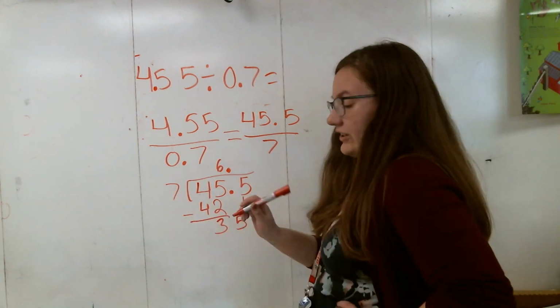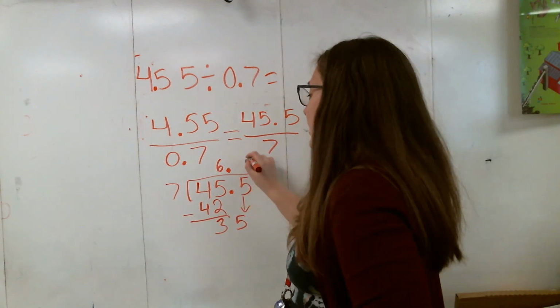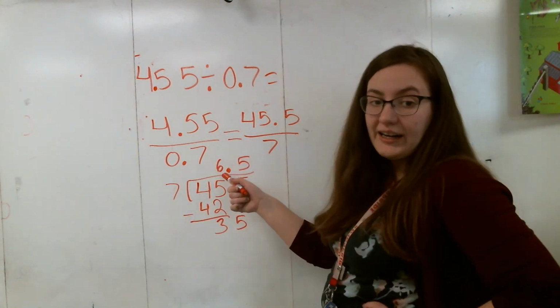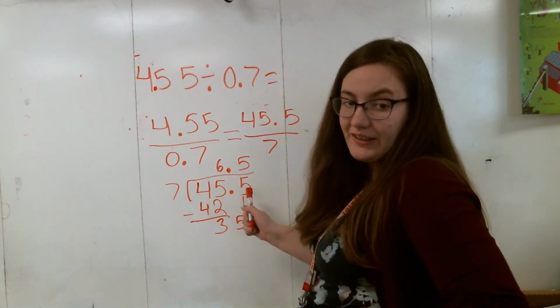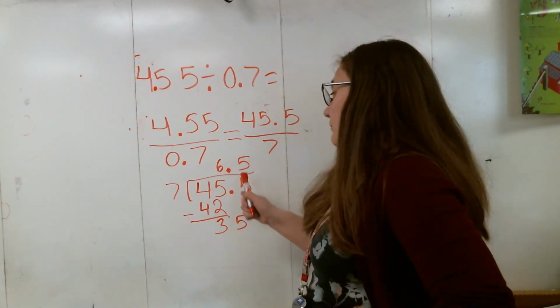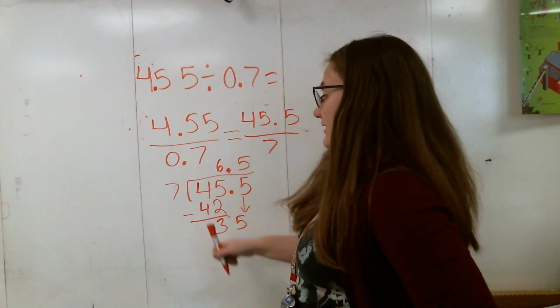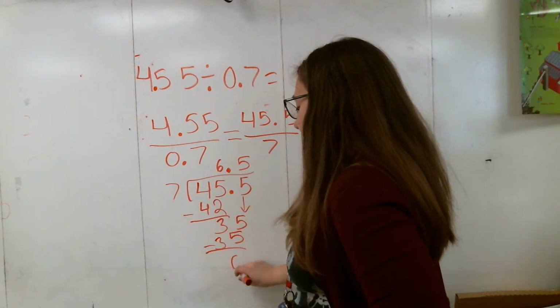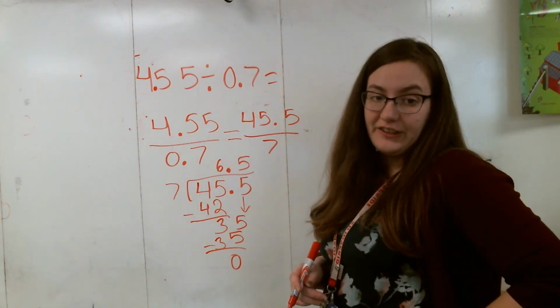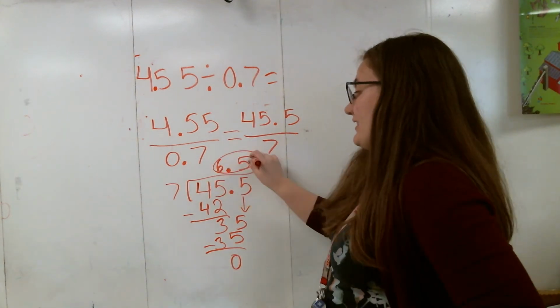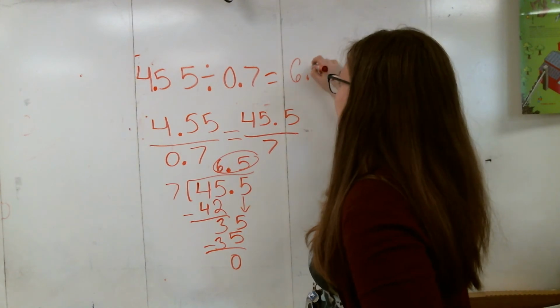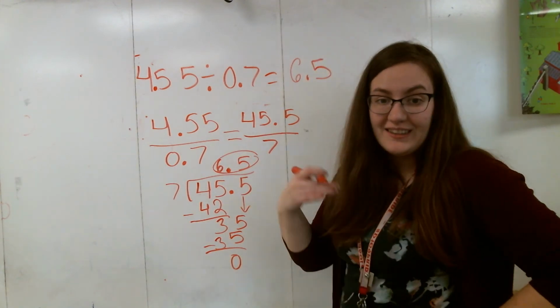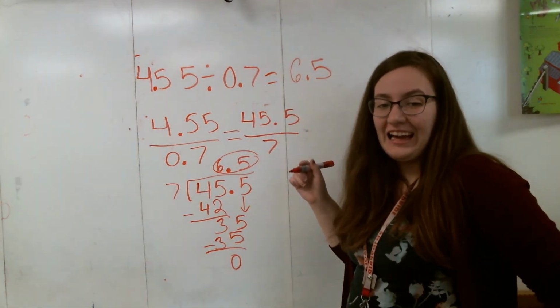So 7 goes into 35. How many times? Well, we said that's 5 times. Remember, I'm writing that number after this decimal place because this 5 that I brought down is after the decimal place. I do 7 times 5, which is 35. I subtract, and I'm left with that remainder of 0. But now my final answer is 6 and 5/10ths. And that is my final answer.